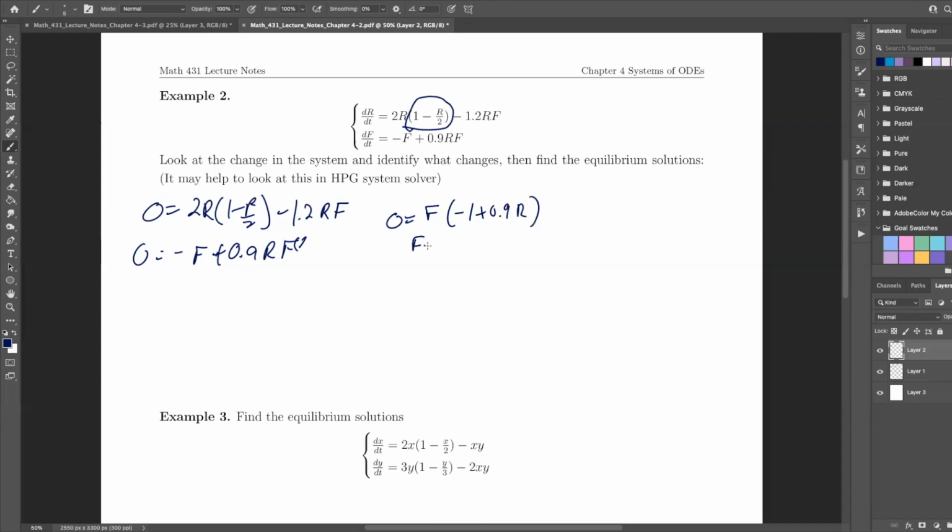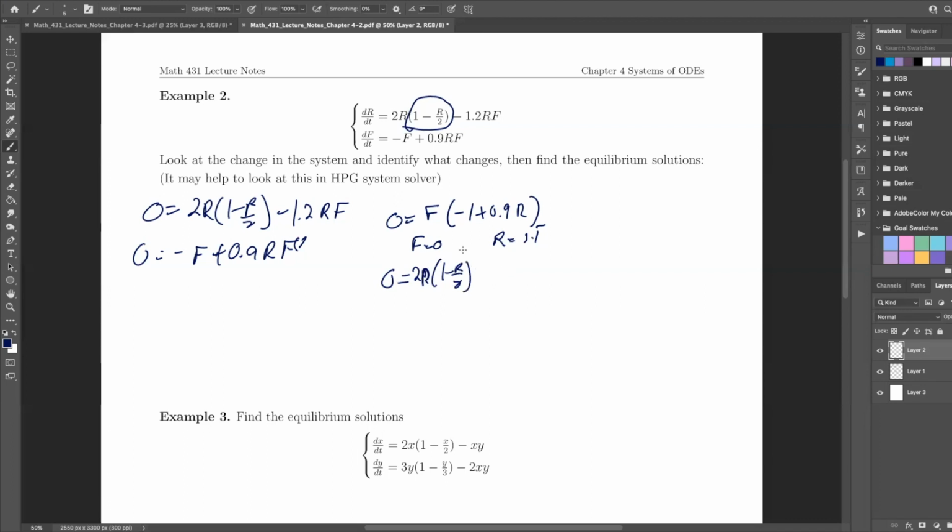So that means either f is equal to 0 or r is equal to 1.11 repeated, right? You check this through the other equation. So if f equals 0, let's just do that real quick. So here I have 2r(1 - r/2) equal to 0.